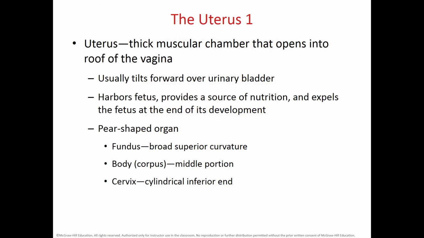For the uterus, it's the organ that harbors the fetus, and it has an inverted pear shape that has different regions.